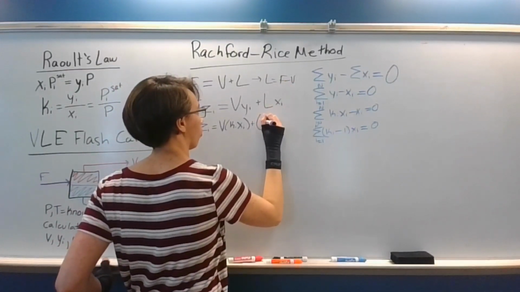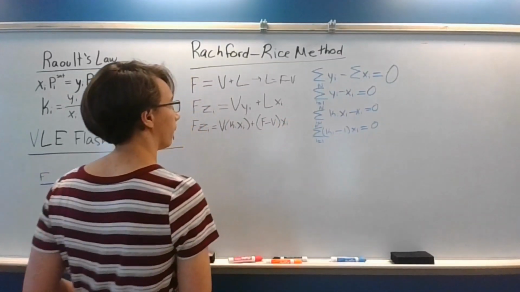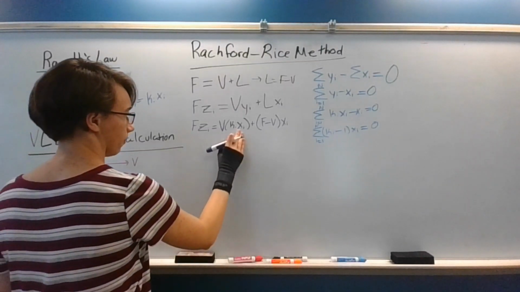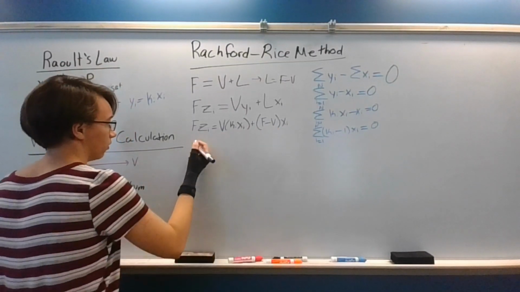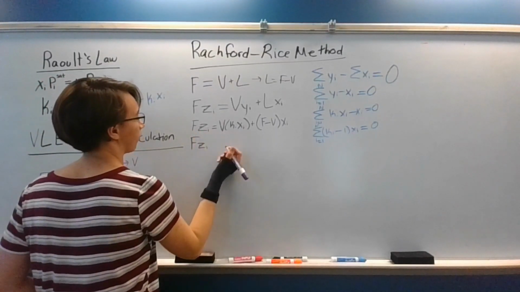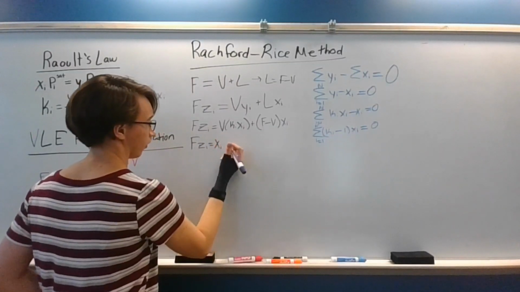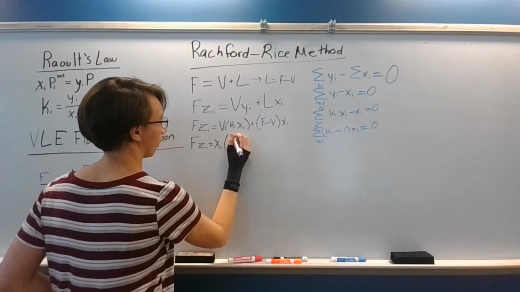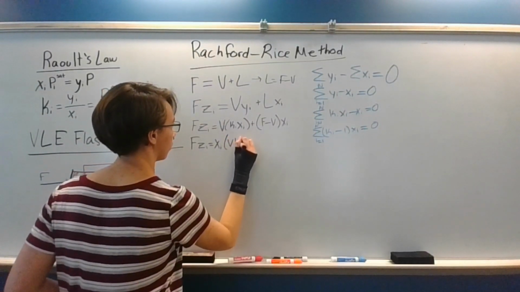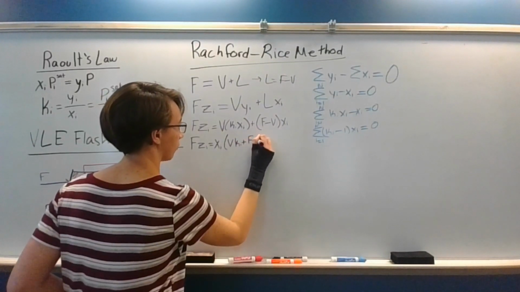So moles of the feed minus the moles of the vapor times this mole fraction in the liquid phase. And then you'll notice that both of these terms have that, so we can factor that out. And we'll have moles of feed times mole fraction in the feed is equal to the mole fraction in the liquid times the vapor times Ki plus the feed minus the vapor.